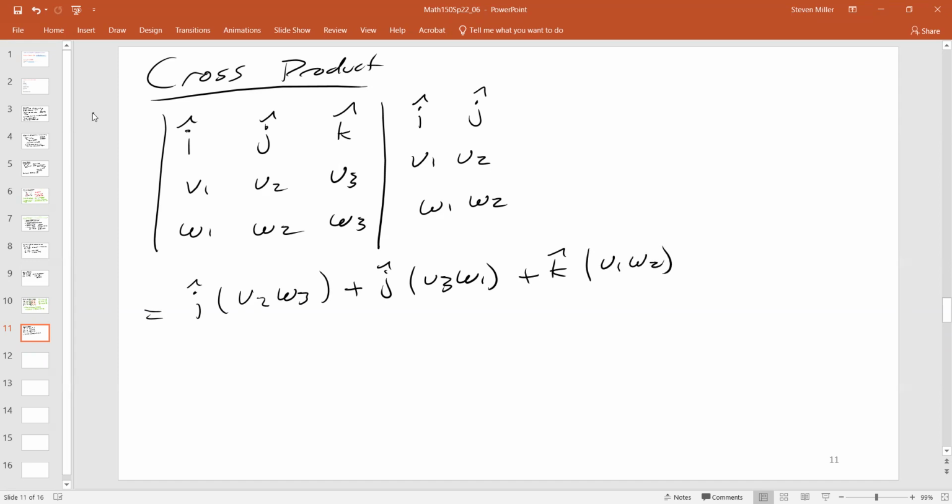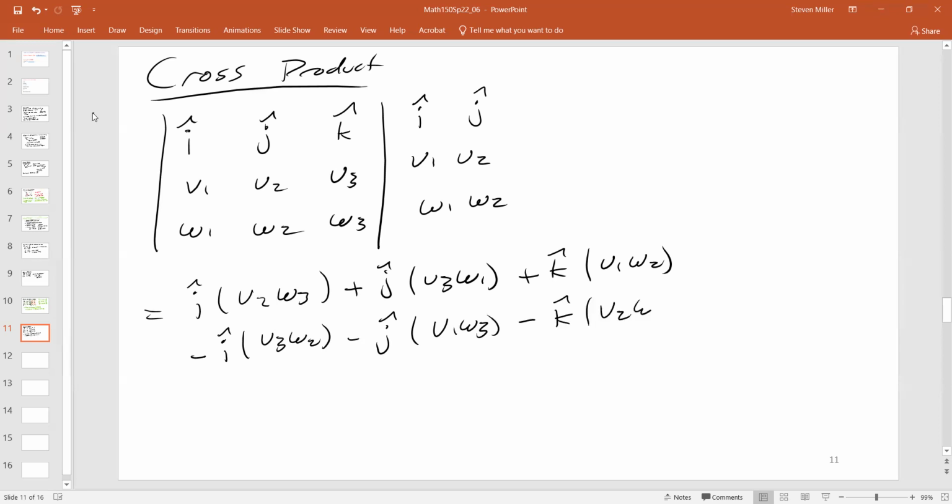Now we have to do going in the other direction. I could start off with the k direction, but I'm going to start off with the i and put them under each. It's going to be minus i hat V3 W2, minus j hat V1 W3, and minus k hat V2 W1.